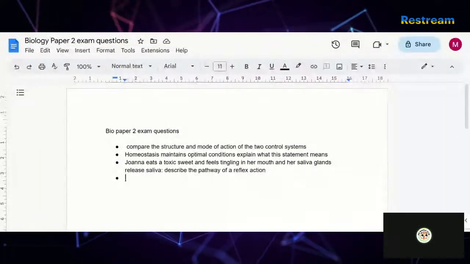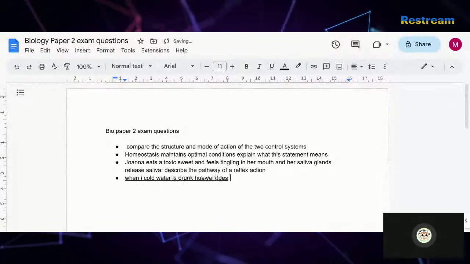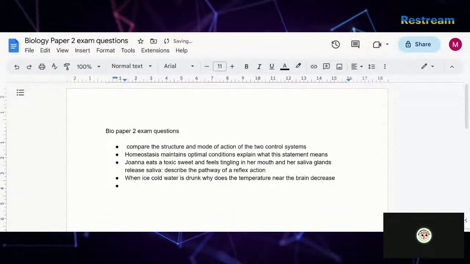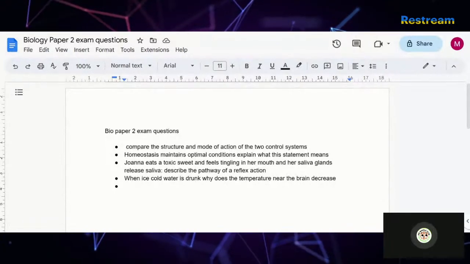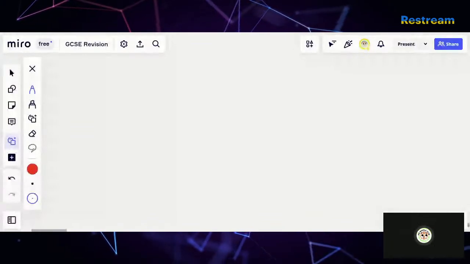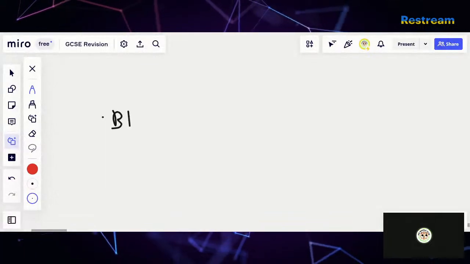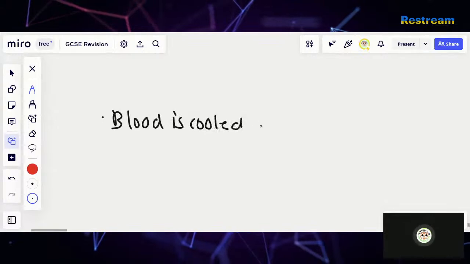When ice-cold water is drunk, why does the temperature near the brain decrease? Now, for this question, it often tricks people out. All you have to say here is that when you have the ice-cold water, the blood is then cooled at the stomach.